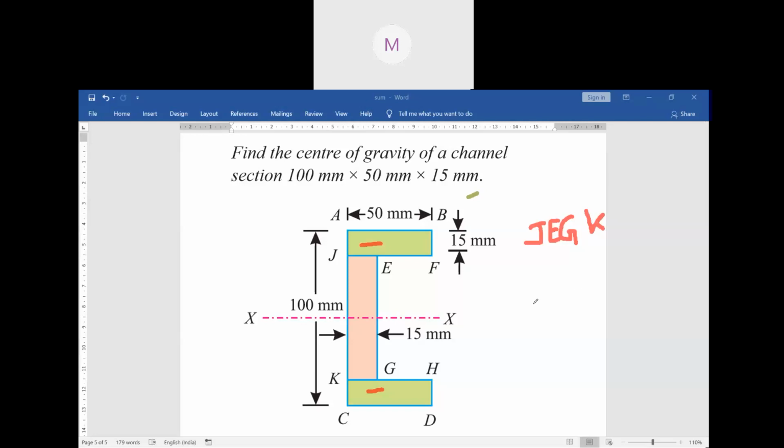After you have solved this numerical, I'll give you the PDF. Or else tomorrow we'll discuss. Then after that, we'll give you the next numerical. Just try it out. I'm there.